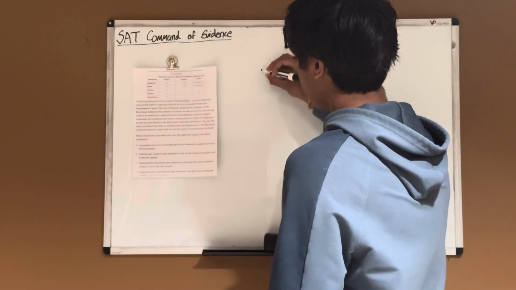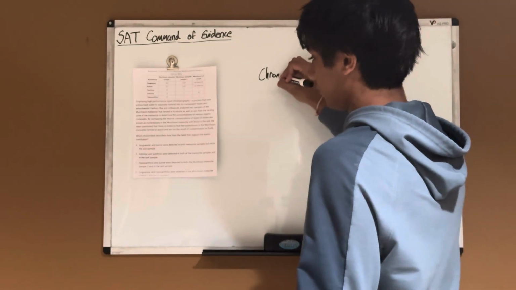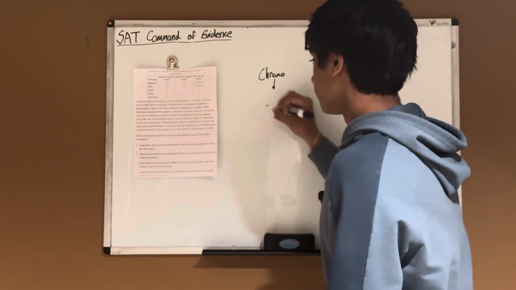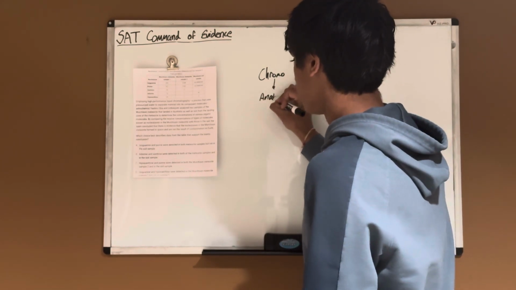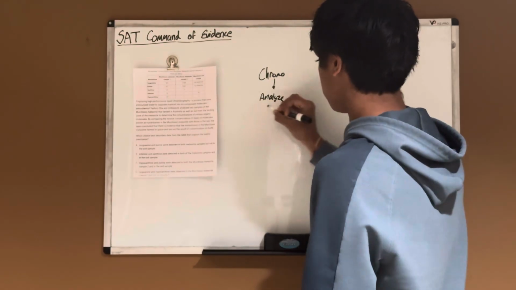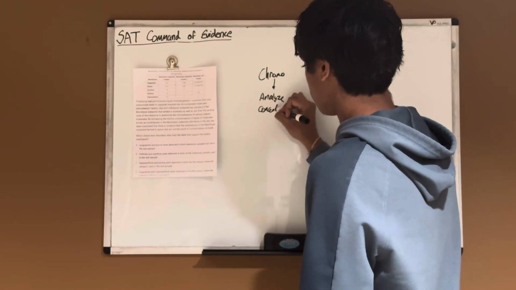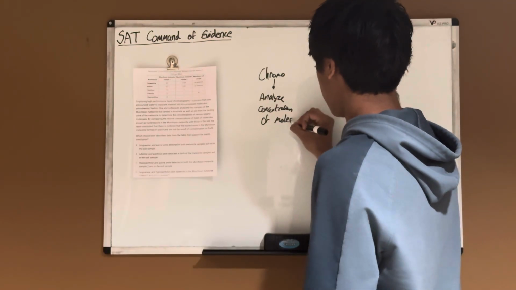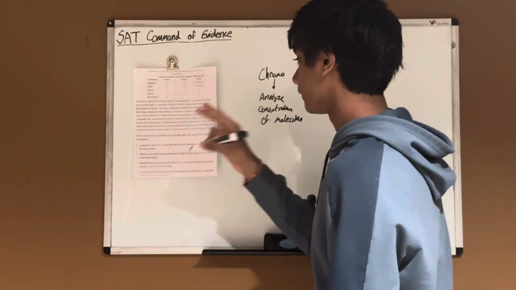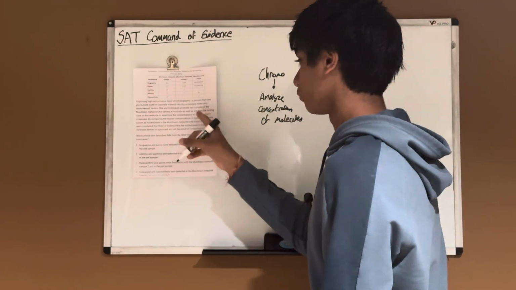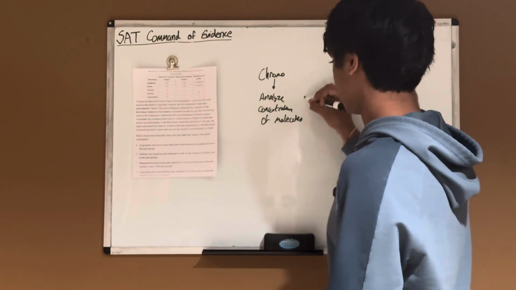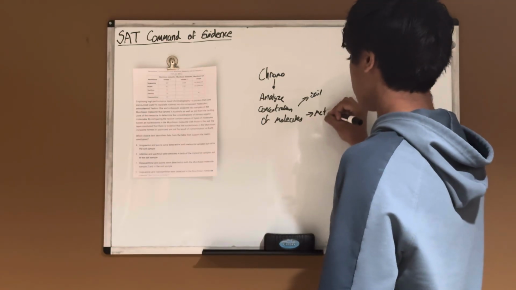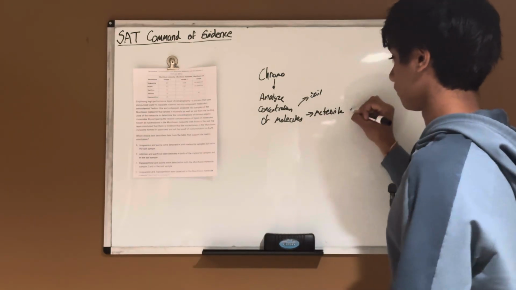Okay, so they use chromatography, which is some kind of scientific process, to analyze the concentration of organic molecules, or just molecules, in two things, in the soil and the meteorite. And there were 2 meteorite samples, so times 2.